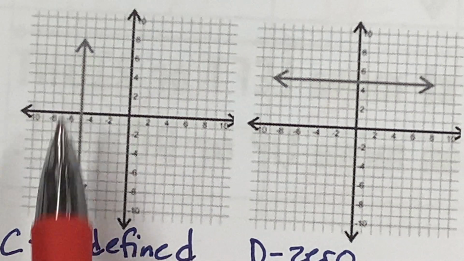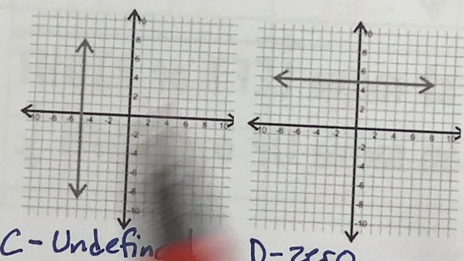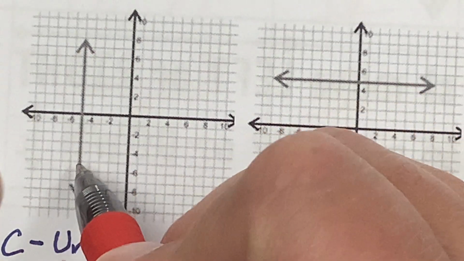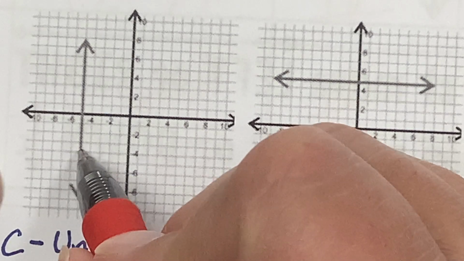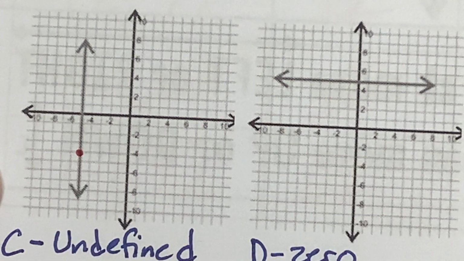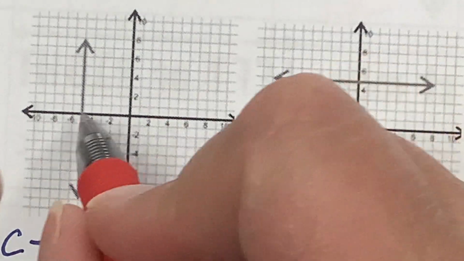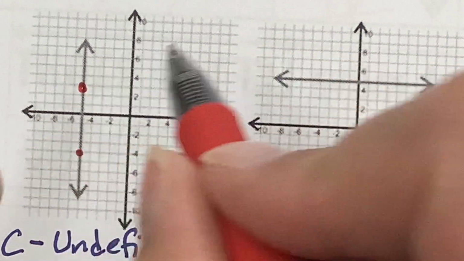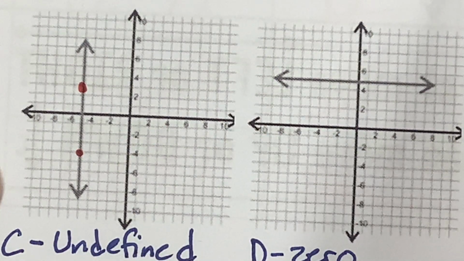So I'm looking on the line to find a good corner. And let's see. Here we go. -5, -4. Right there. That's a good corner. It's where the line crosses the grid at a corner. That's a good point. -5, +3. Right there. Right where it crosses at a corner.